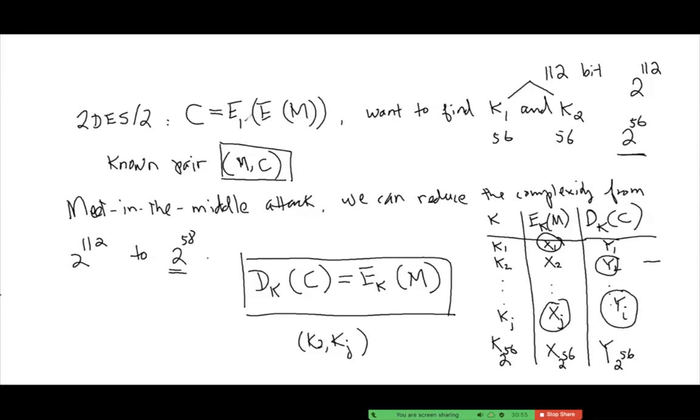I'm going to say two keys. One is K, the other one is K prime. So this is K prime, this is K. Then for this K2, that is a candidate for K prime, K. So this is a candidate.